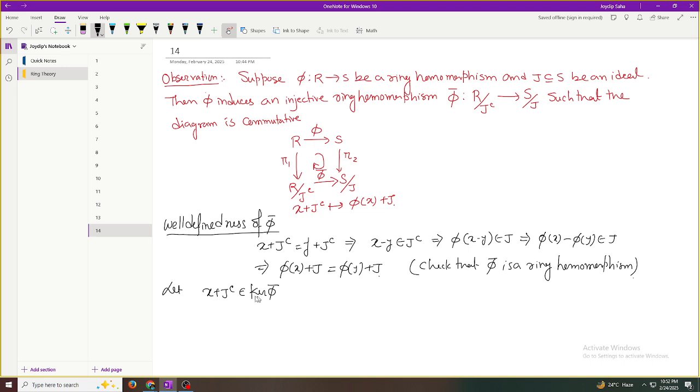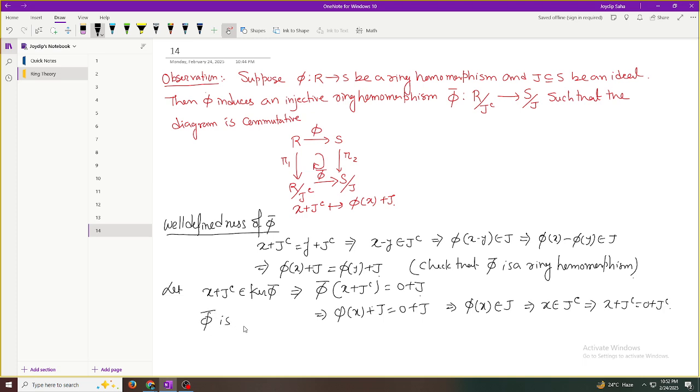It belongs to the kernel, that means phi bar of x plus J contraction equals 0 plus J. That means phi x plus J equals 0 plus J, so phi x belongs to J. That means x belongs to J contraction, so x plus J contraction equals 0 plus J contraction. So it is injective.